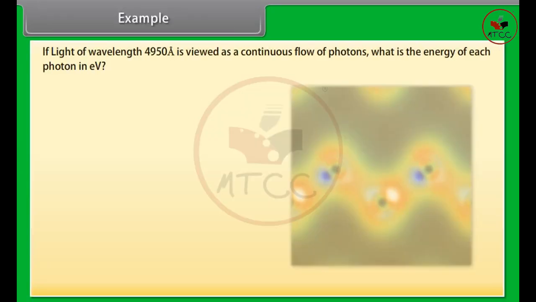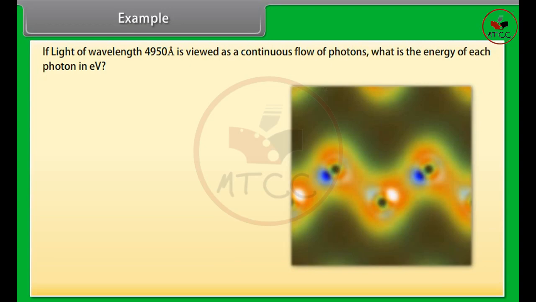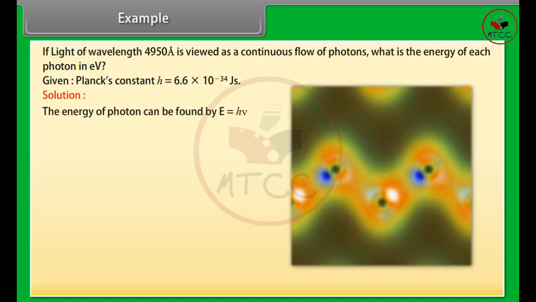Example: if light of wavelength 4950 angstrom is viewed as a continuous flow of photons, what is the energy of each photon in eV? Given Planck's constant h as 6.6 × 10^-34 joule second. Solution: the energy of a photon can be found by E equals hν, E equals hc by lambda, name it as equation 1. c is the speed of light, which is 3 × 10^8 meter per second.